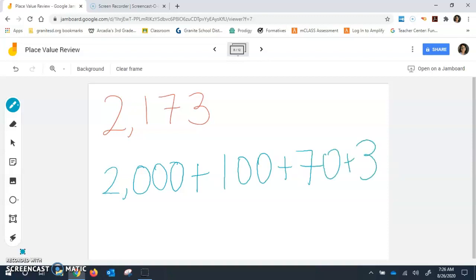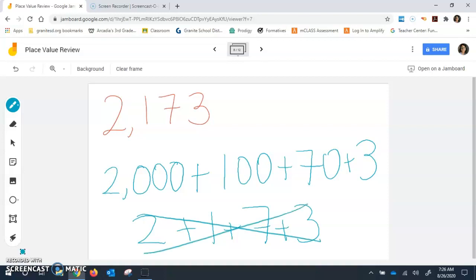So I have the number 2,173 written in expanded form. If you wrote it like this, 2, because you have a 2 there, plus a 1, plus a 7, plus a 3, and you added those numbers up, you would not get 2,173. So don't forget your zeros to represent the whole number, 2,000, not just 2.